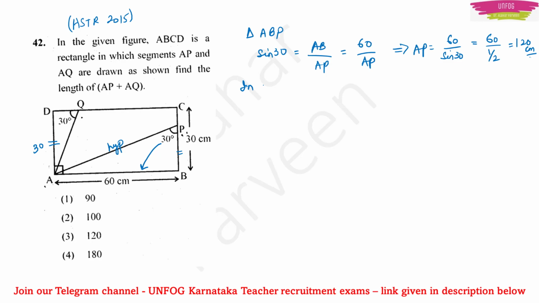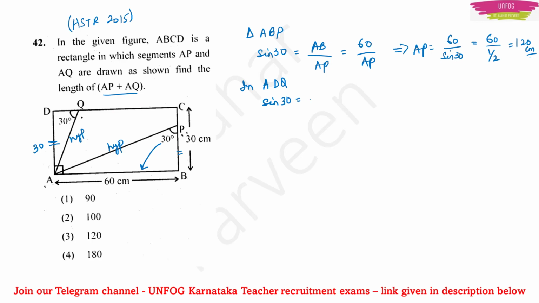Now you take another triangle ADQ, because we have 30, and we don't know what is AQ. This is the hypotenuse, and AP plus AQ you have to find. So in this triangle also you can take sine 30.